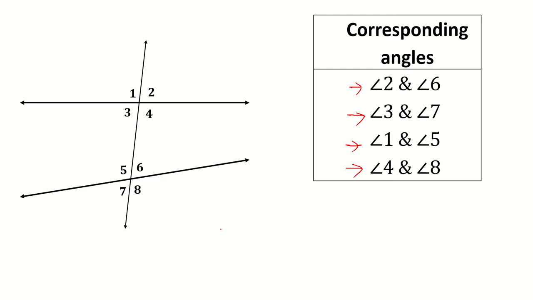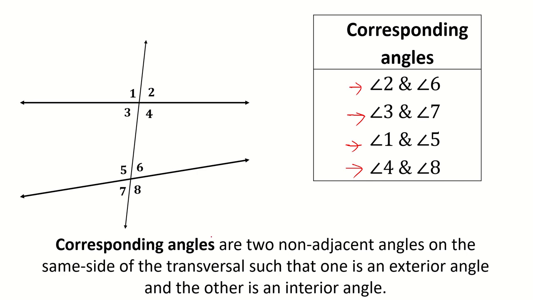So this time, I want you to figure out the best way to identify whether two angles are corresponding. Okay, let's discuss. There are actually three things that you have to remember when we talk about corresponding angles. First of all, they are non-adjacent. I hope you remember how we identify two angles that are adjacent from our previous lesson.